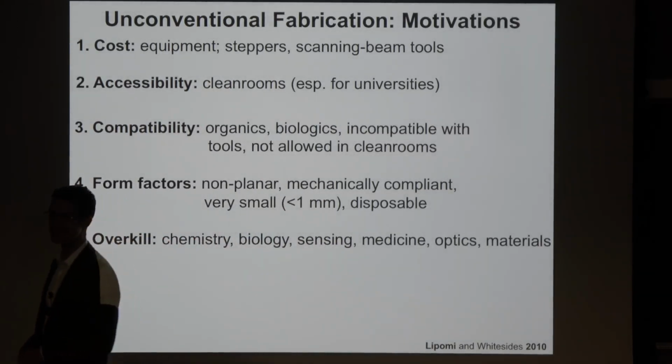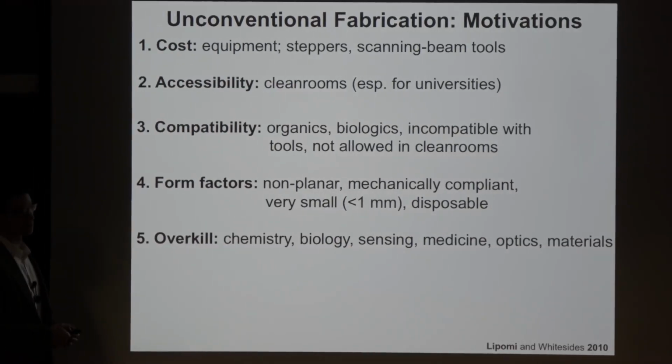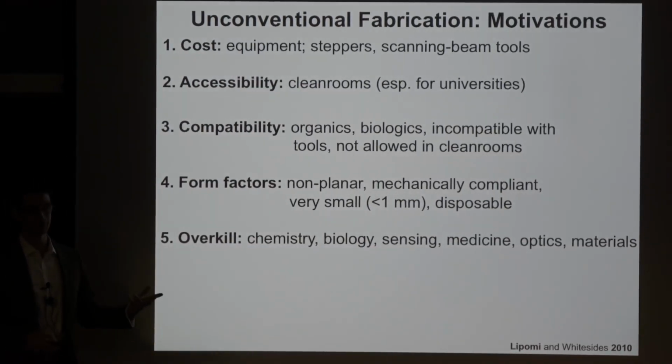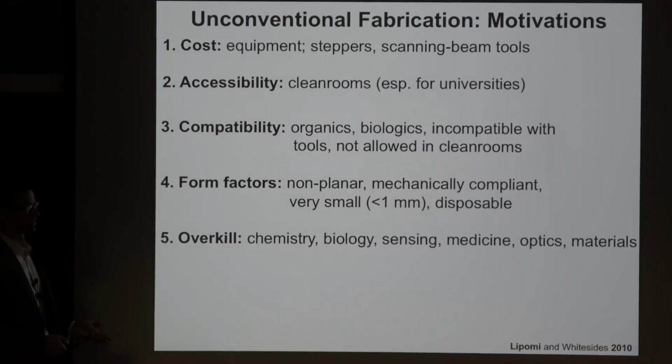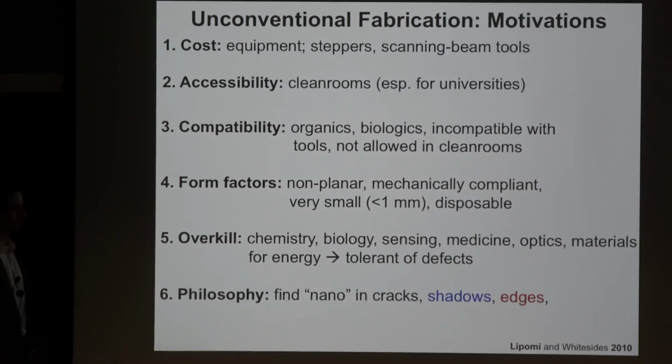So that's the acceptable rate of error. What if we don't need that rate? What if 99% is fine? We don't need 1 part in 10 to the 18, which might be okay for chemistry, biological applications, sensing, medicine, optics, and materials for energy, which tend to be more tolerant of defects than microprocessors.